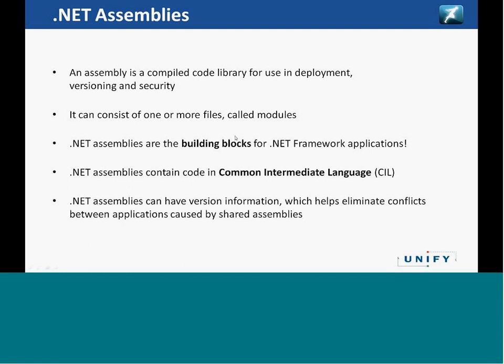.NET assemblies contain code in common intermediate language, so a development tool will translate the human readable language into something called common intermediate language, CIL, and then it will be converted by the just-in-time compiler to actually execute the code. A .NET assembly can have version information.